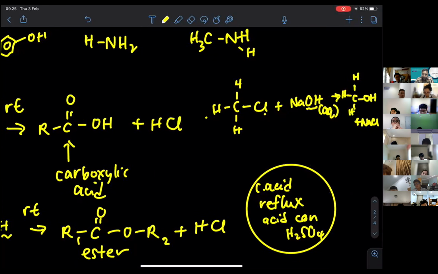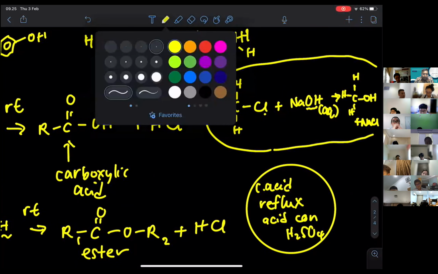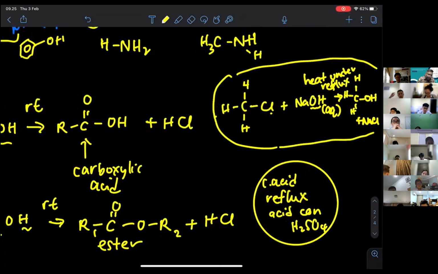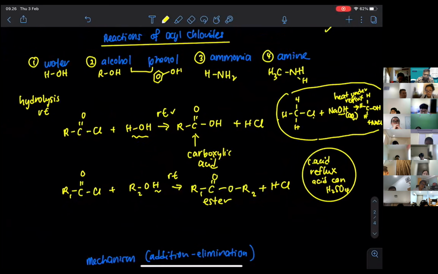If you compare, it's also hydrolysis, but the difference is you need to heat under reflux and you need to use sodium hydroxide. In this case, you're just using room temperature. So what does it tell? It also tells that acyl chloride is more reactive than halogenoalkane. So that is going to be the explanation.